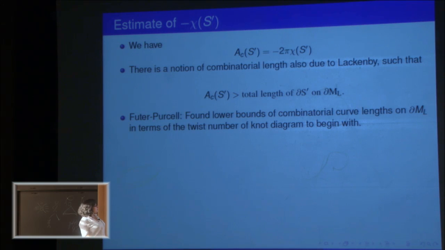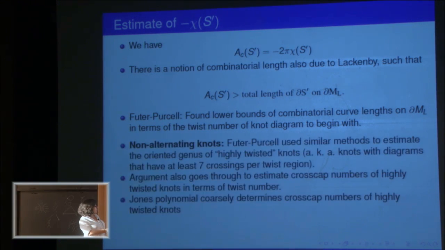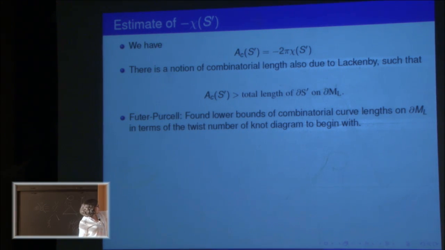And then once I have that, we're done, because one thing that Futer and Purcell estimated is to just go around and analyze this combinatorial cusp geometry. And so, in fact, there is a formula that would give me a lower bound of the length in terms of the twist number. So that's something that I can just plug in, all right?